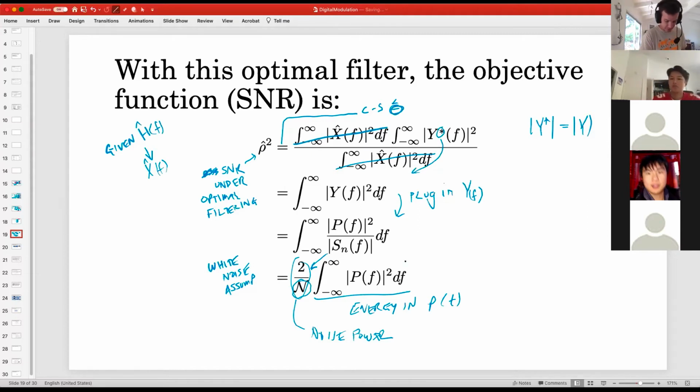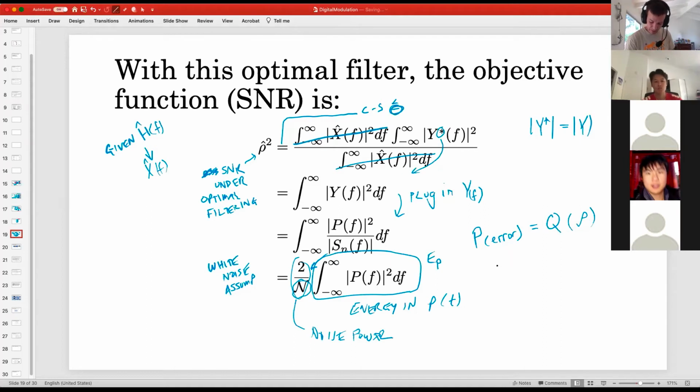Let's see, what do we got on the next slide? So I think I'm going to abbreviate this as energy in the pulse, E sub p. And so if you go back to our probability of error, it was Q of rho, wasn't it?